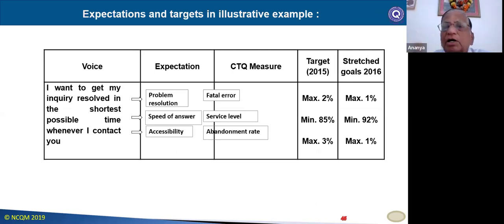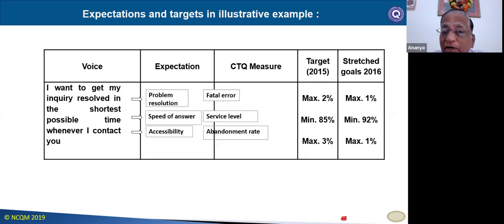And then based on that, you can make your target for improvement. What was the voice of customer? Voice of customer is saying here, I want to get my inquiry resolved in the shortest possible time. Whenever I contact you, maybe MTNL, maybe nowadays Jio, or maybe Airtel, what type of service is there.